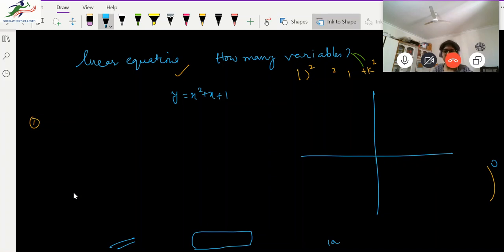We found out that the curve was something like this, and between minus 1 and 0, we know that the curve is coming down, but we don't know whether it will touch the x-axis or not. That is the problem. So now tell me whether it will touch the x-axis or not.